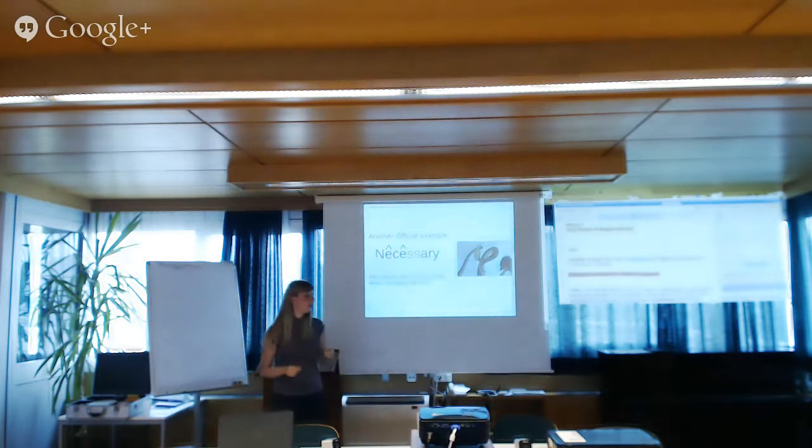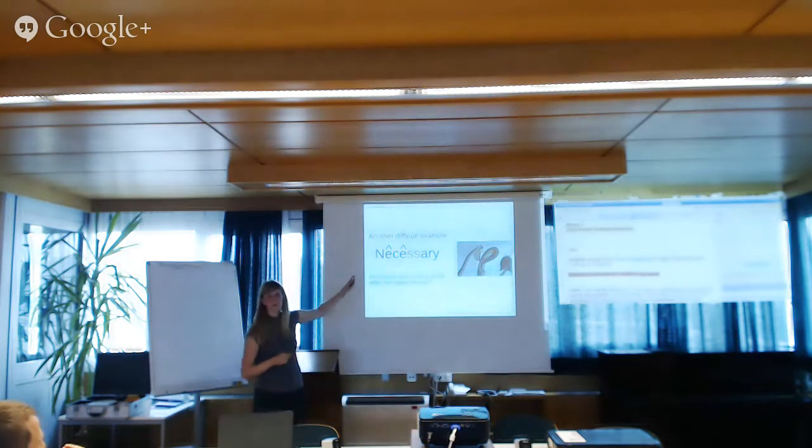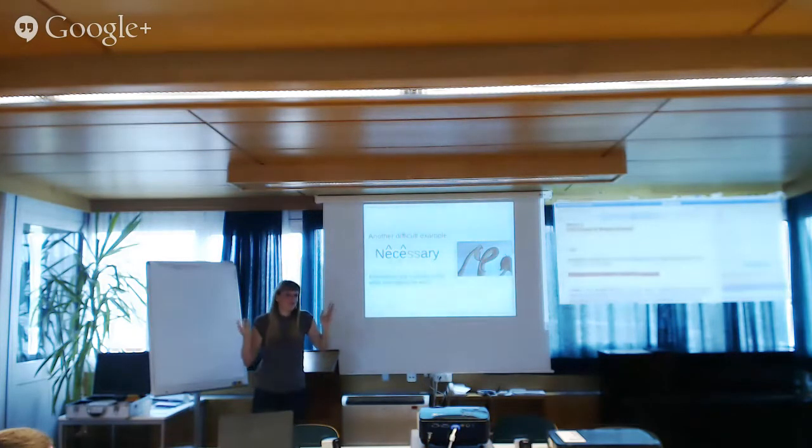Another difficult example is the word necessary, how to spell necessary. We know there are two E's and two S's in the word. So basically the person drew a smiley. E's were eyes, a C was some kind of a nose, and then S's were two snakes. The person just saw it like this.